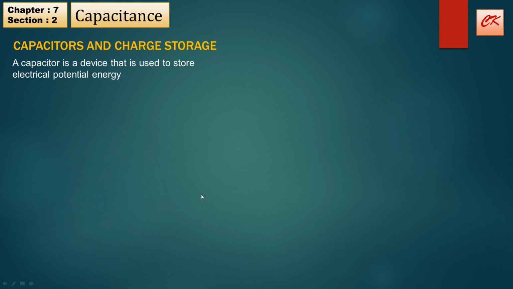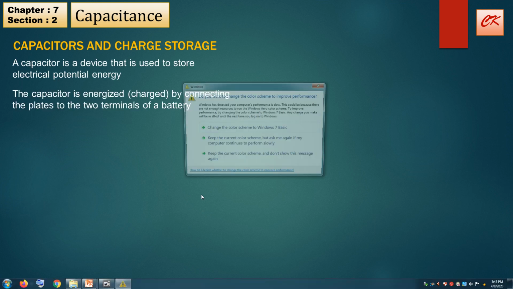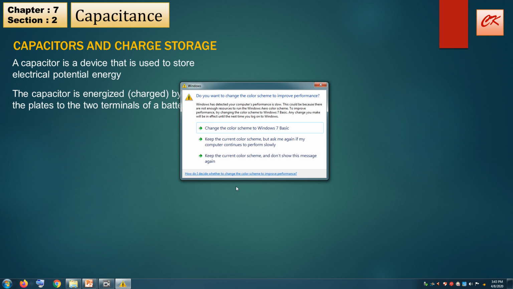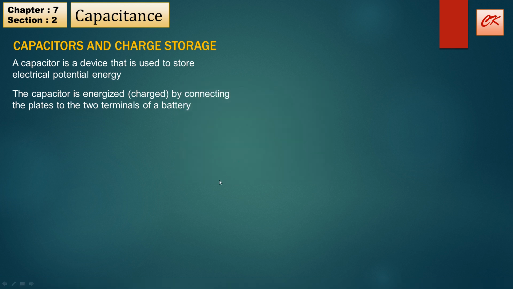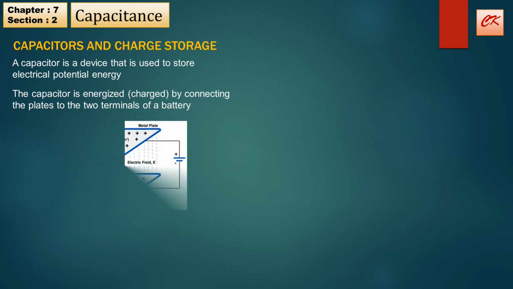Capacitor and the charge store. A capacitor is a device that is used to store electrical energy. It stores charge, and we say it stores energy. The capacitor is charged or energized by connecting the plates to the terminals of a battery.